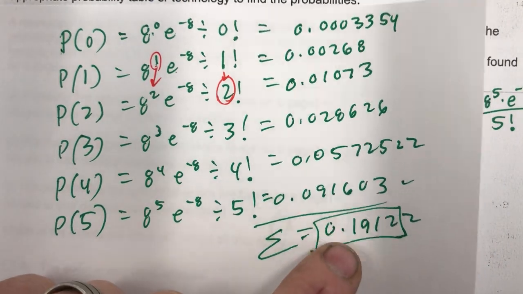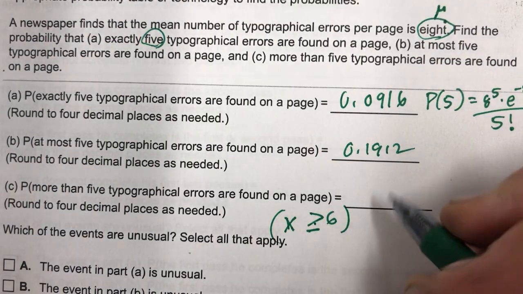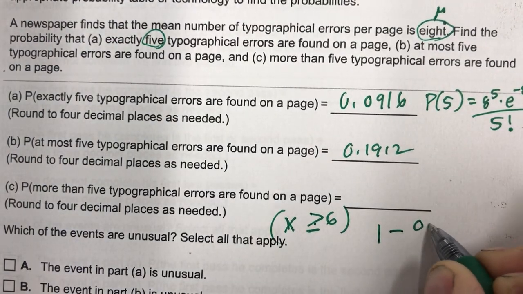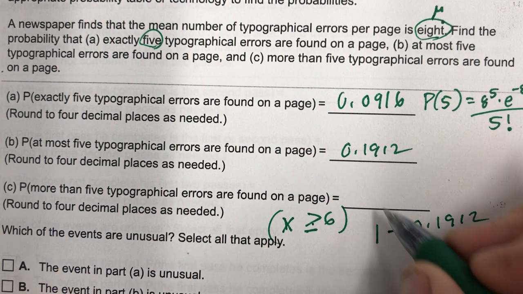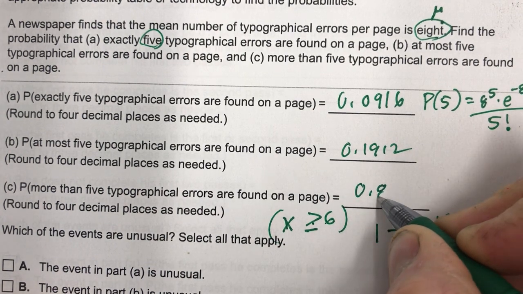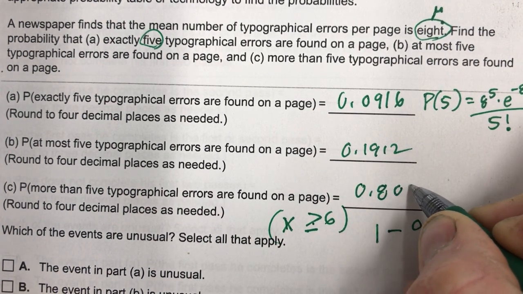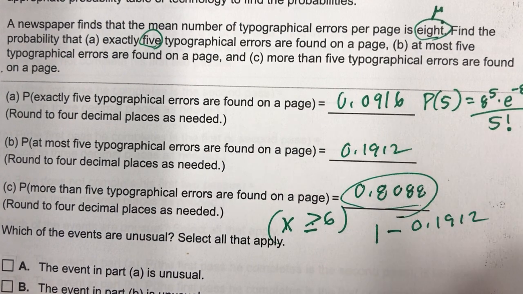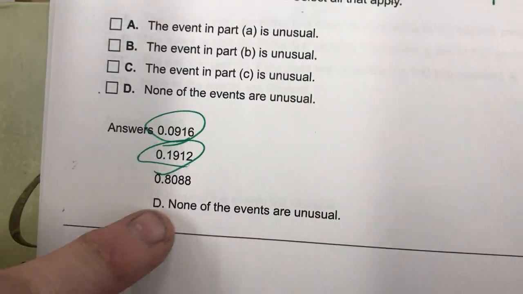So for more than that, I just do 1 minus this. This is an easy problem. I'm going to go 1 minus 0.1912, which is 0.8088. And look, we got it right there.